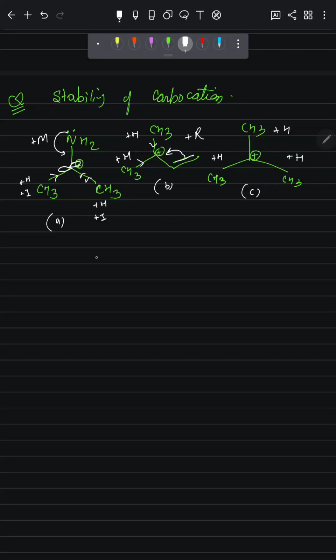So as we know, the mesomeric effect is more, so plus M is more as compared to plus R and plus H and plus I. So the order of stability will be A, then B, then C. This will be the final order for this question.